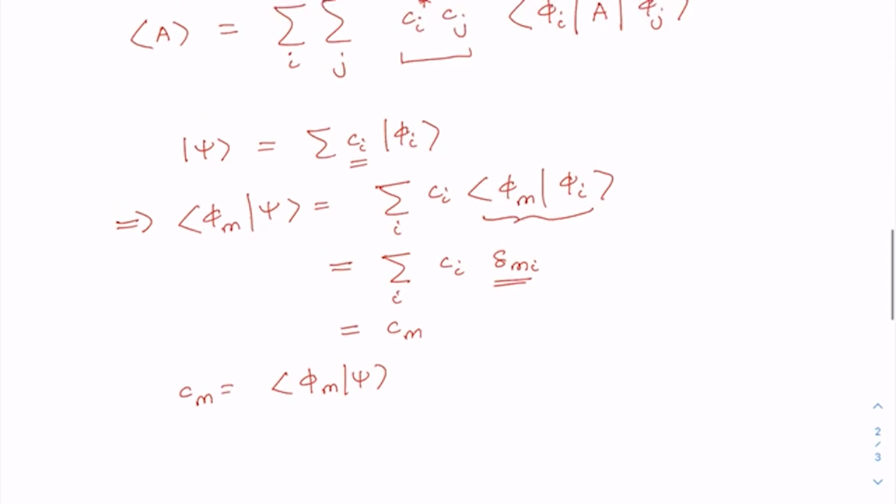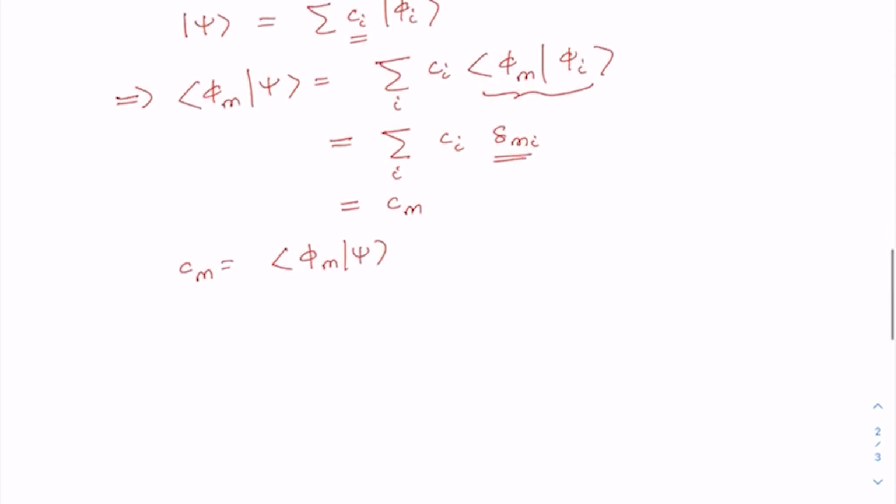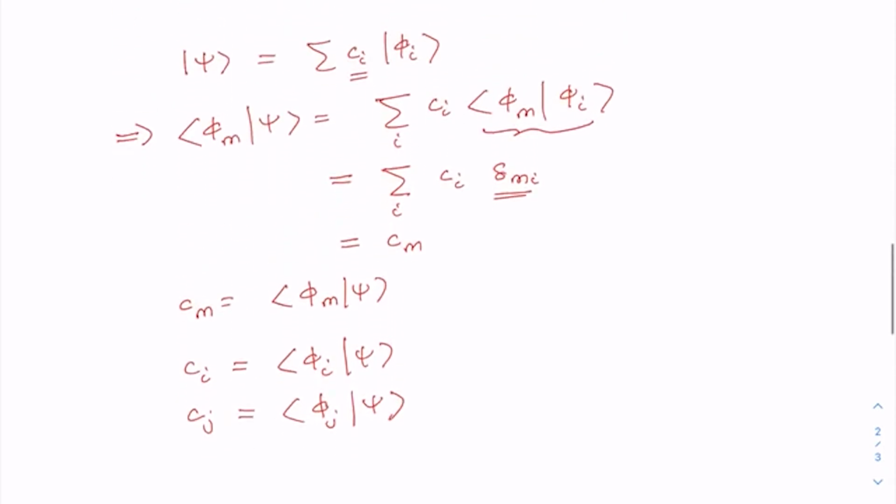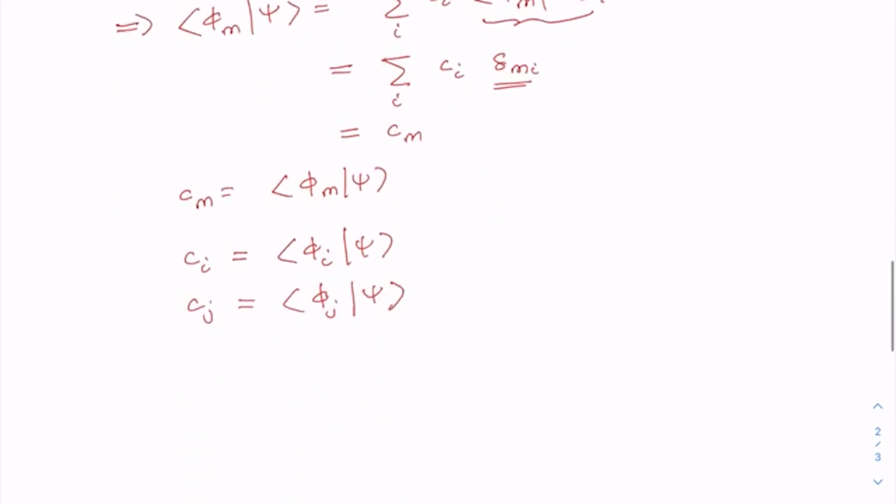So in this expression here, c_i would be simply <phi_i|psi>, and c_j would be <phi_j|psi>. So this implies that c_i star is <psi|phi_i>.